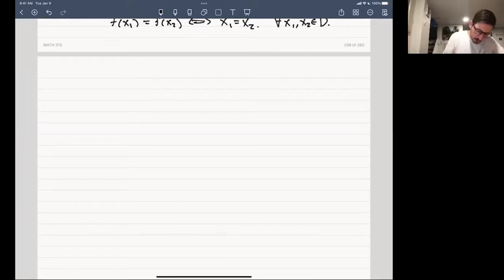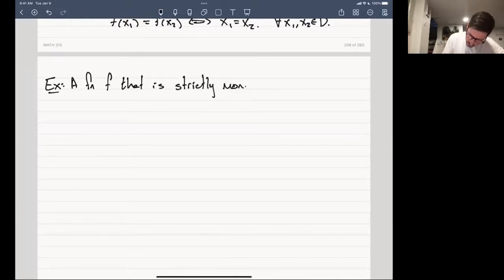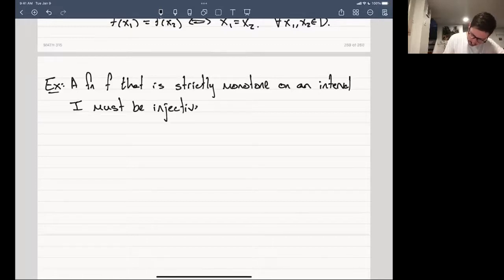All right, let me leave you with the final example here, right? So a function f that is strictly monotone on an interval I must be injective on I. Right, so strictly monotone means strictly increasing or decreasing.